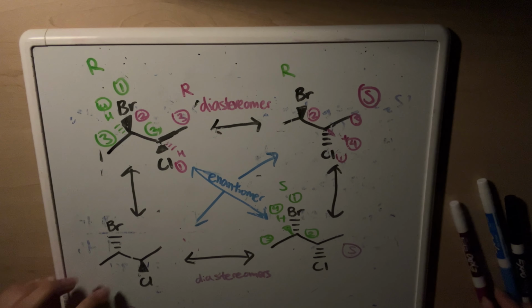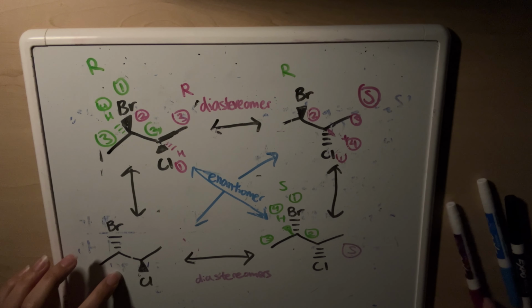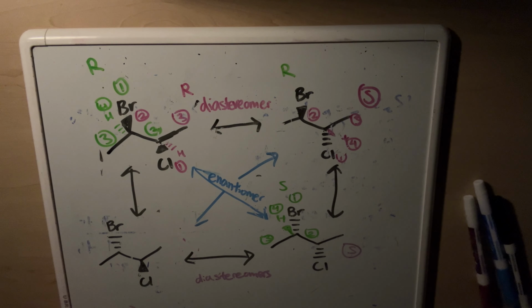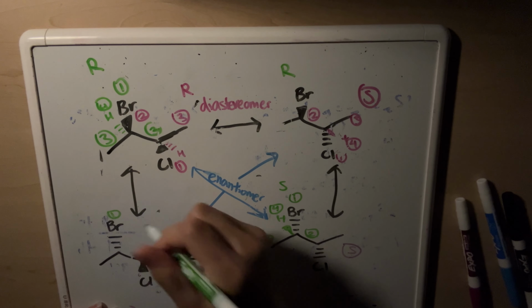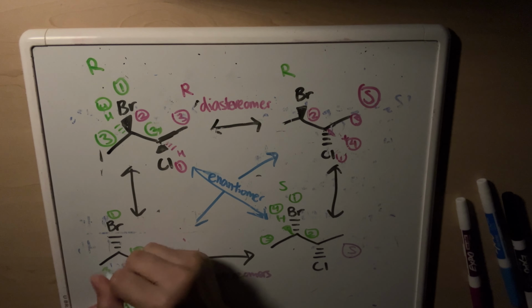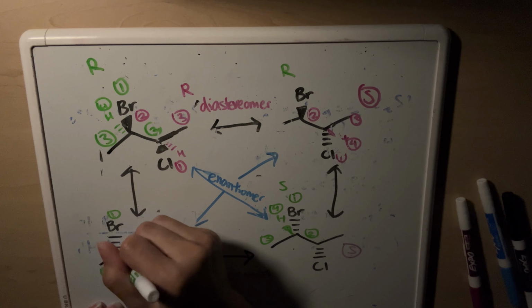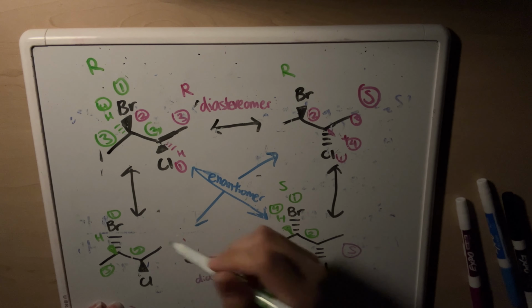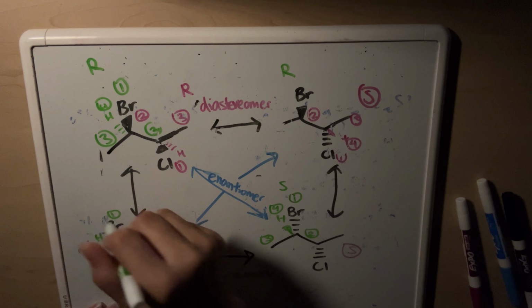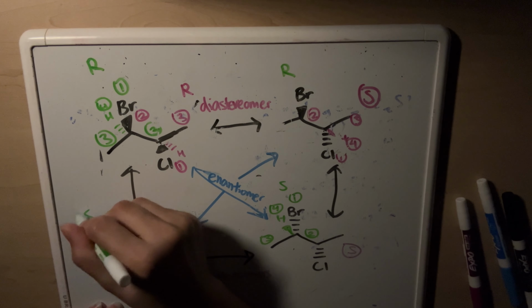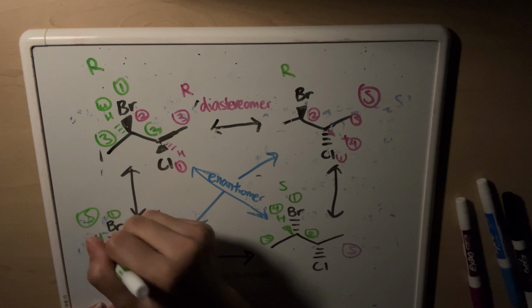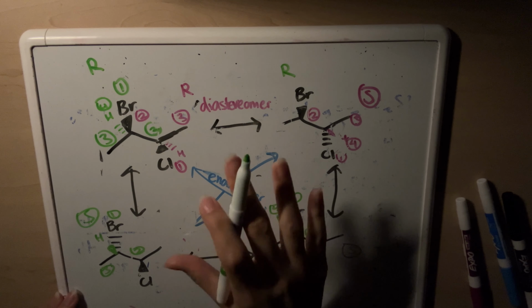And we can see that when we assign R and S to this molecule as well. So 1, 2, 3, and then that invisible hydrogen, and we can see the hydrogen's on a wedge, and it's originally clockwise, so it's R, but it's going to be S because we have to switch the hydrogen to be on a dash, which is facing away from us.